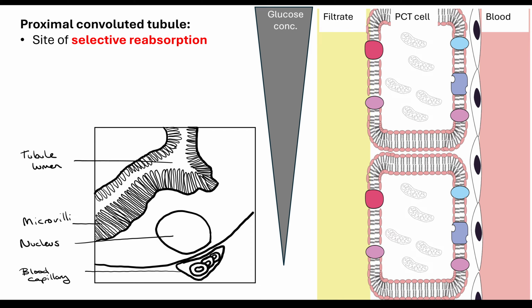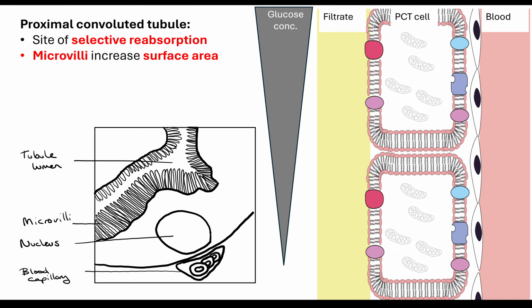Well, what we want to do is get that glucose back into the bloodstream, because glucose is our respiratory substrate that is required for glycolysis. So we don't want to lose glucose in our urine. We don't want to excrete it out of the body. And that is a distinguishing feature: if somebody has diabetes, then glucose will be found in their urine.